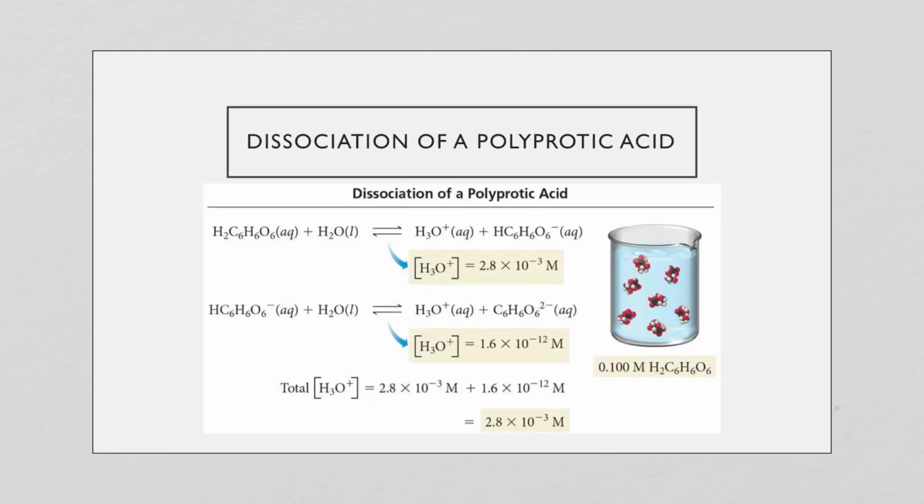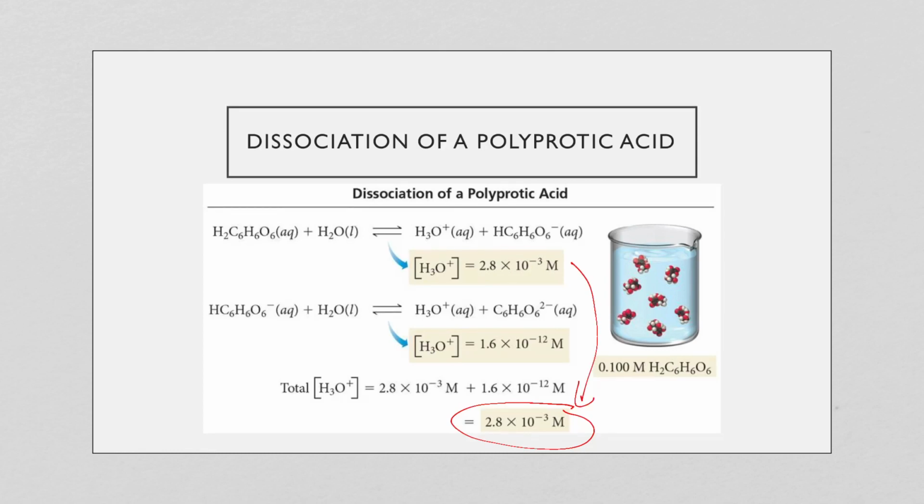Now, just one last thing to put this in a more pictorial way. This is a weak acid. In the first ionization, we produce this much hydronium. In the second, we produce this much hydronium. If we add up the total hydronium, it's essentially equal to what we got here.